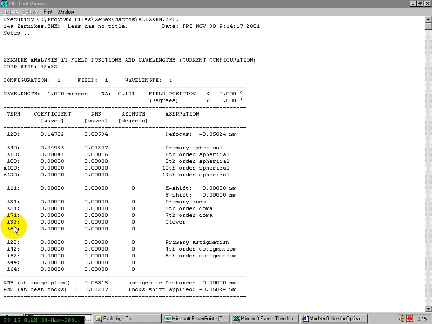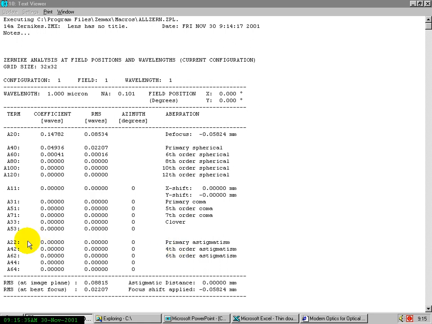And the next group are the uneven asymmetrical terms. The lowest order is the A11, which is the tilt of the wavefront. Then the A31 is the primary coma. Then we have fifth order coma, and so on. And here we have the even unsymmetrical terms, and the most familiar here is the primary astigmatism, and we have fourth order and sixth order astigmatism.